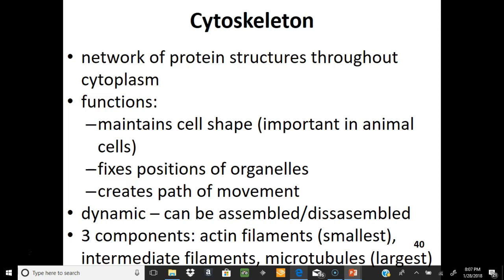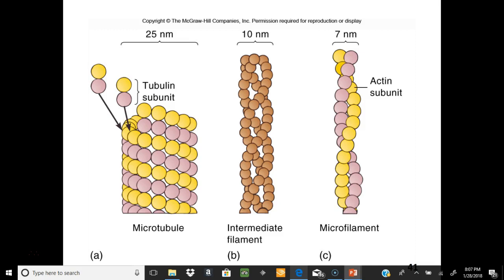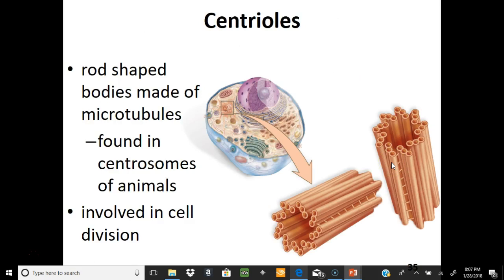There are three components to the cytoskeleton. We have actin filaments, intermediate filaments, and microtubules. Microtubules are the largest, then we have intermediate filaments and then actin. Altogether, these form the cytoskeleton, and the cytoskeleton forms other structures as well.